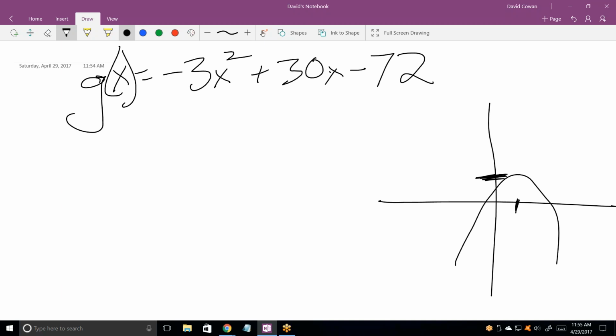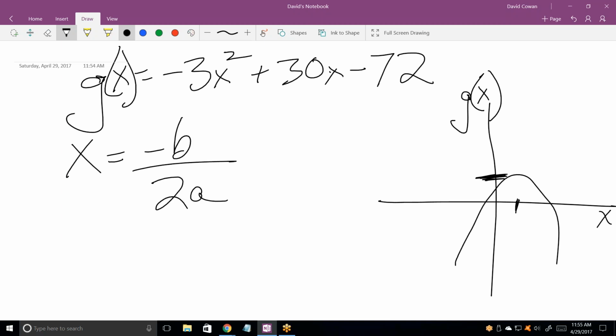It's where it occurs on the x-axis, and what is its g of x value when it's at that value. I found a formula that gives you x, which is where it occurs. Minus b over 2a.